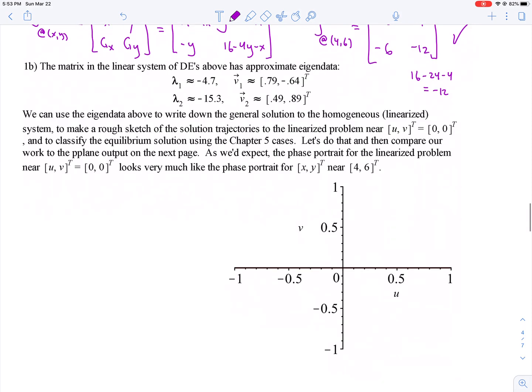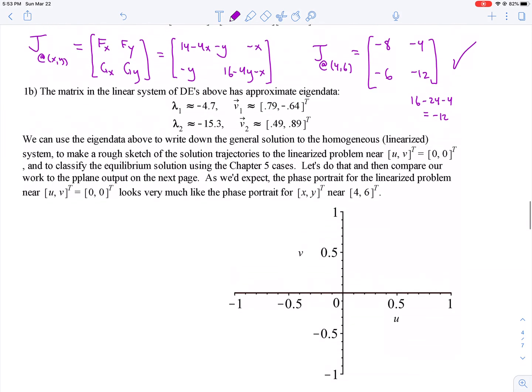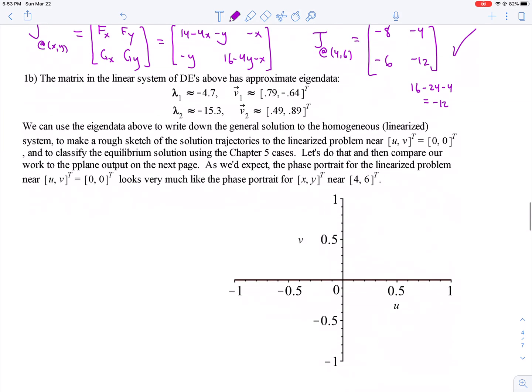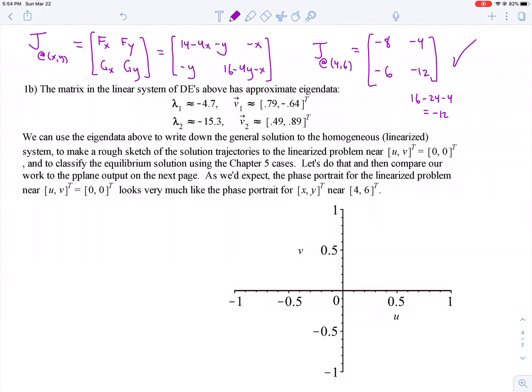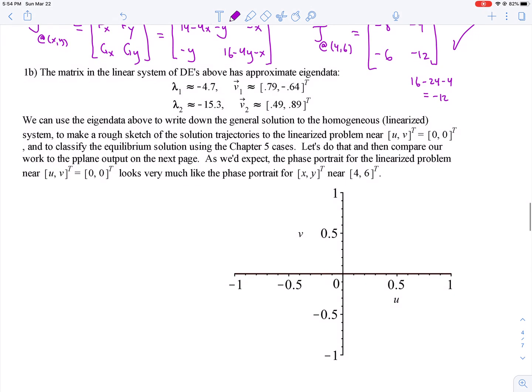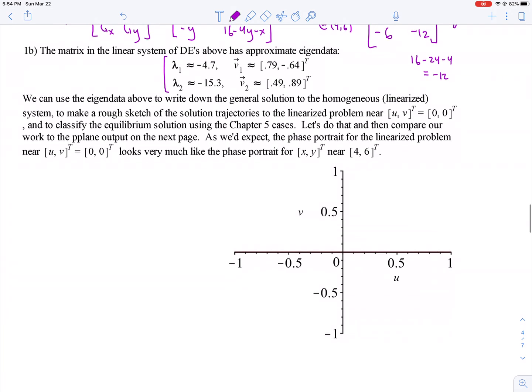All right, so we could find the eigenvalues and eigenvectors. It's easy to use technology, and it turns out that p-plane will just do this for you if you click on an equilibrium point. I'll show you in a second. So we have two negative eigenvalues. Those are the eigenvectors.